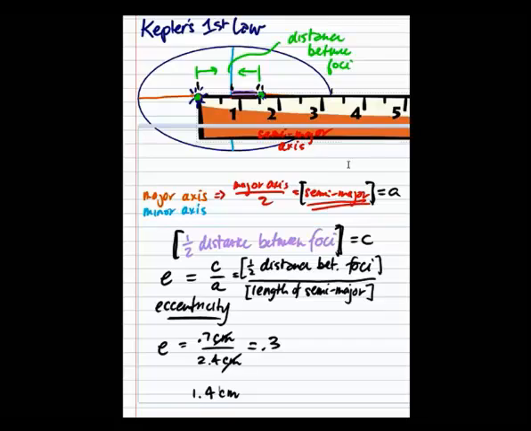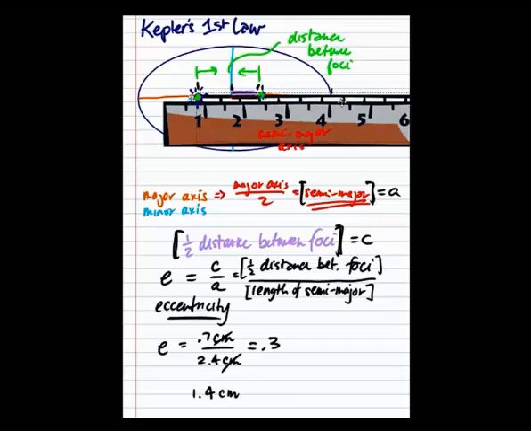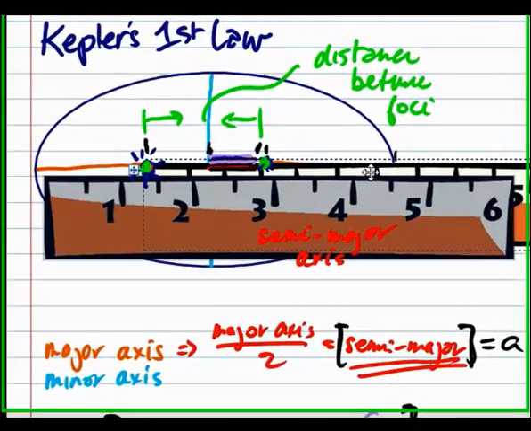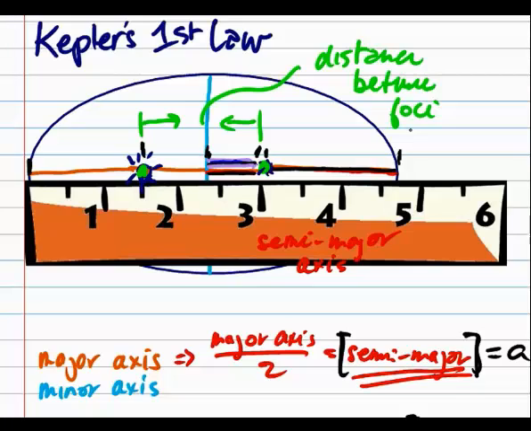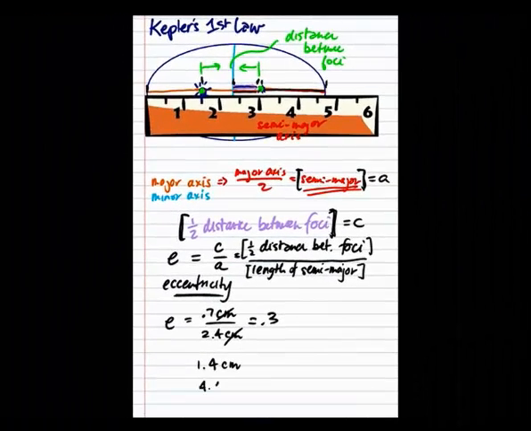And then what about the length of our major axis? Not the semi, but the major. I have a hard time lining up the ruler here, but from here to about here might be perhaps around 4.8 centimeters.